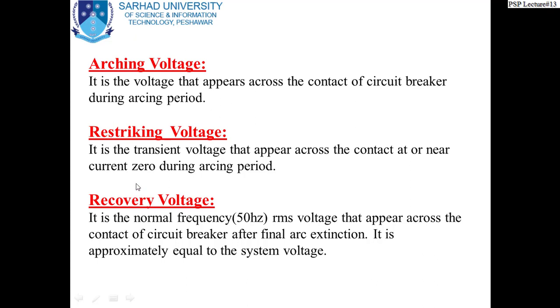So this voltage is called restriking voltage, and it goes to a very high value. A recovery voltage is the normal frequency 50 Hz RMS voltage that appears across the contact of the circuit breaker after final arc extinction. It is approximately equal to the system voltage.